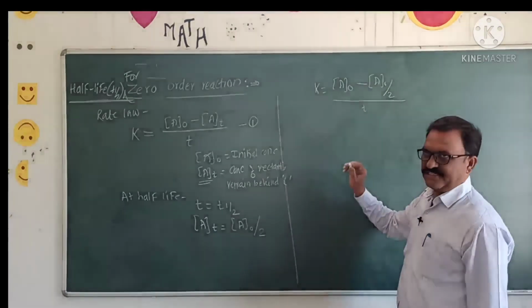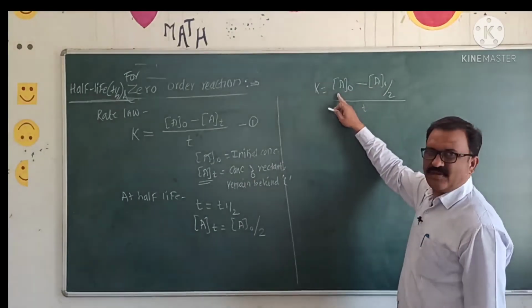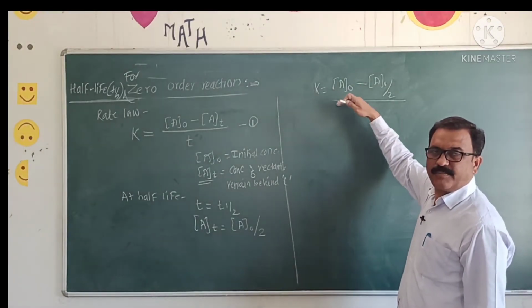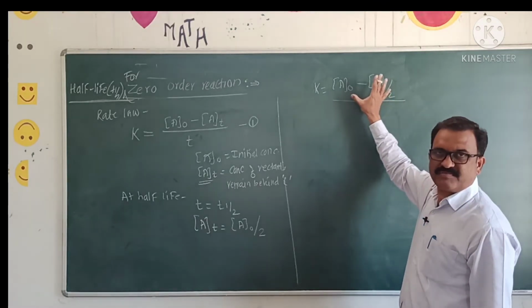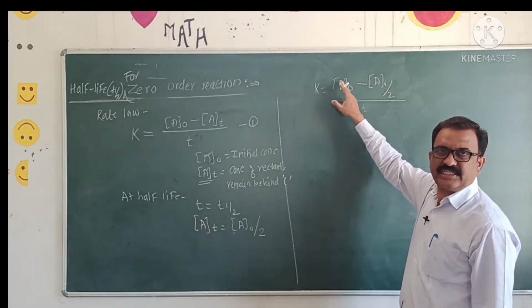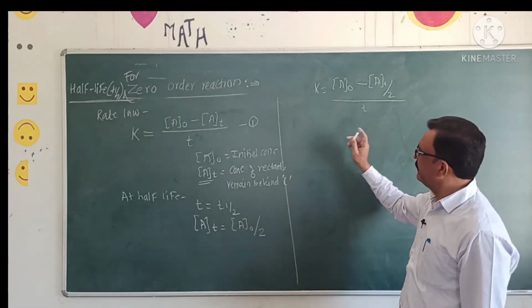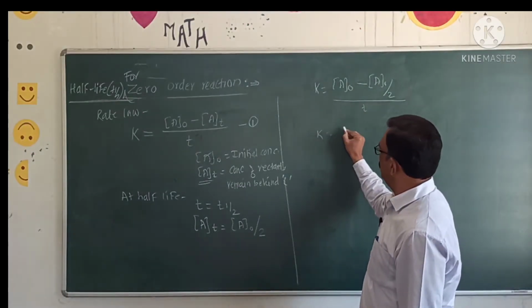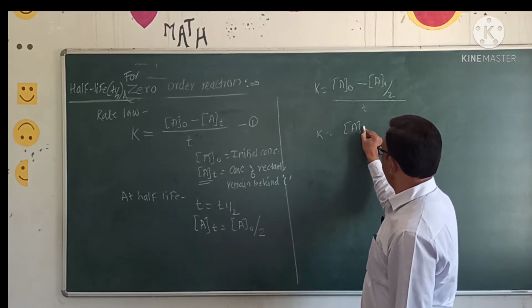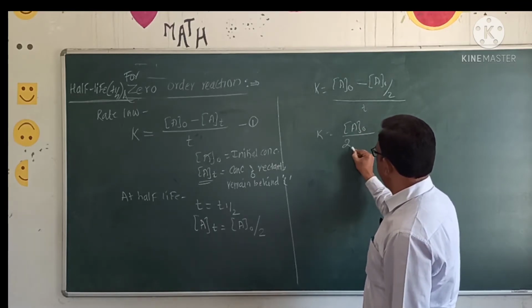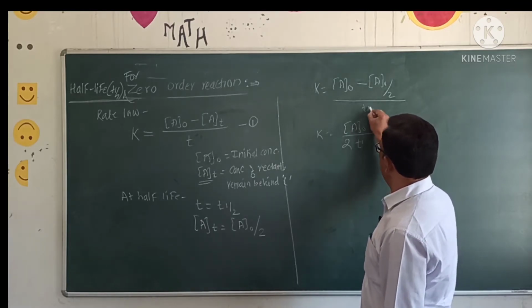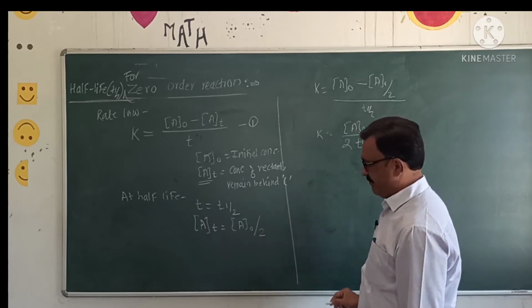After subtraction, first of all, to make the base similar for both terms, we get twice A0 minus A0 divided by twice t, that is K is equal to A0 divided by 2 into T1/2.